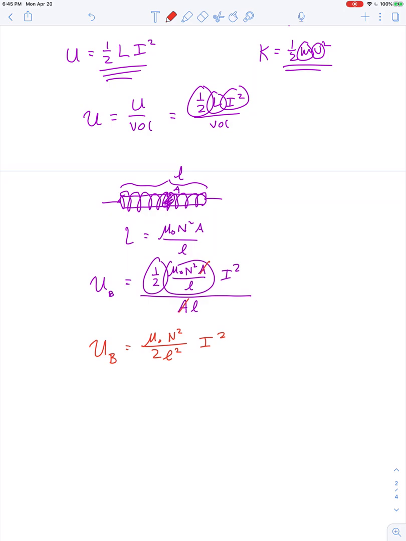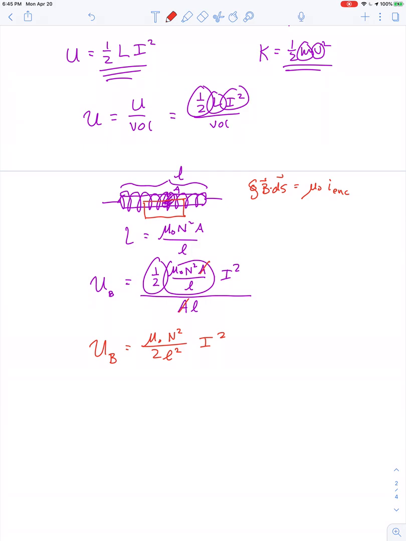Let's see, what happens when we use Ampere's law to derive an expression for the magnetic field of a solenoid? Ampere's law says the integral of B dot ds is mu naught times I enclosed.